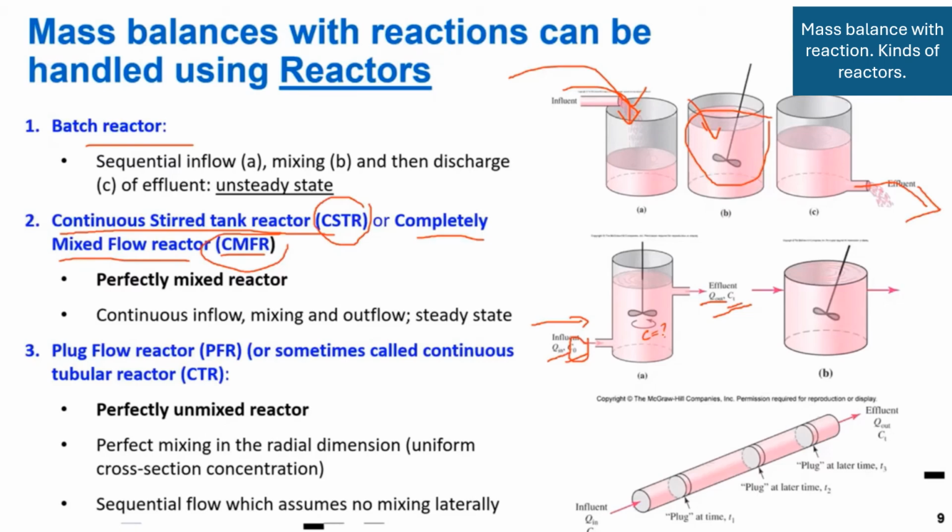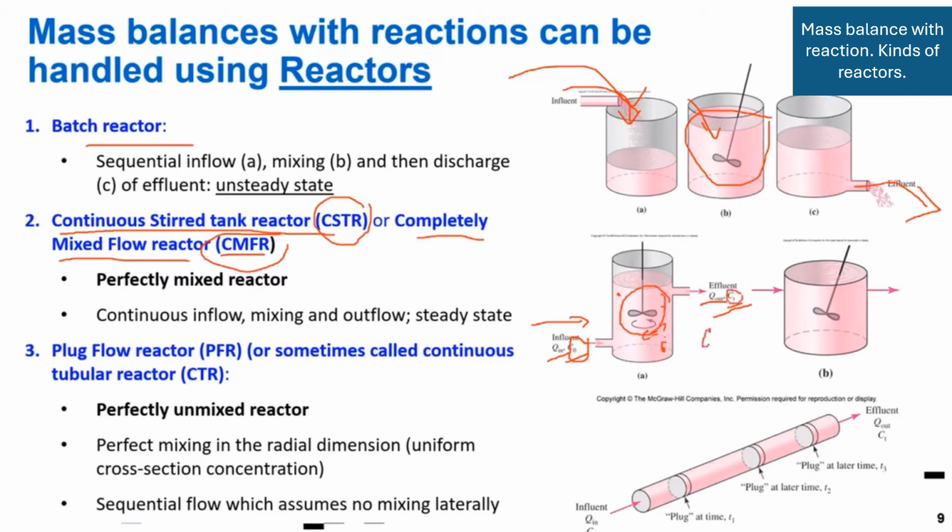If you go from the top of the cup to below, the concentration is the same. It's the same thing in this case. If you get the concentration from here, or from here, or from here, it's all the same concentration. That is why in the continuously stirred tank reactor, the concentration in the reactor is the same as the concentration of the effluent.